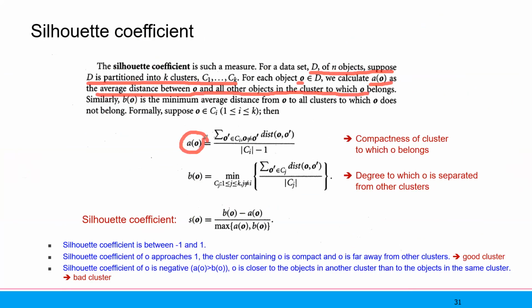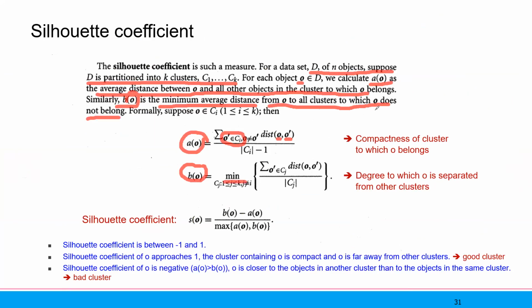This is the average distance between the object O and all other objects in its respective cluster. B(O) is the minimum average distance from O to all clusters to which O does not belong.